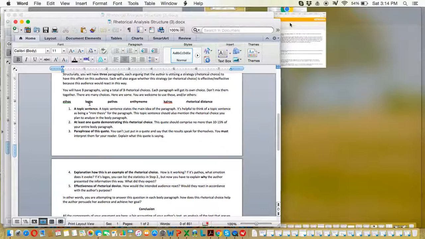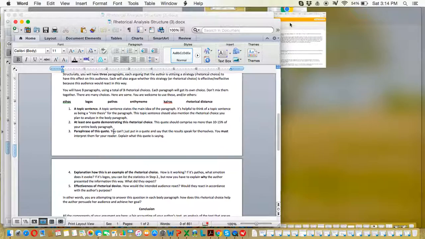So you're more examining, instead of the information, how statistics would be more effective than just saying this is more profitable. And you have to bring it back to the audience. Why would this be effective for this particular audience?